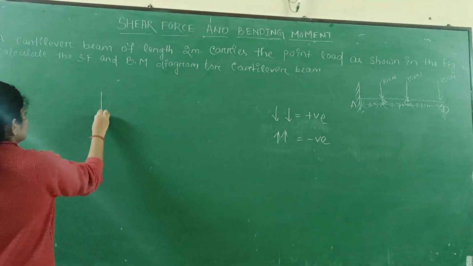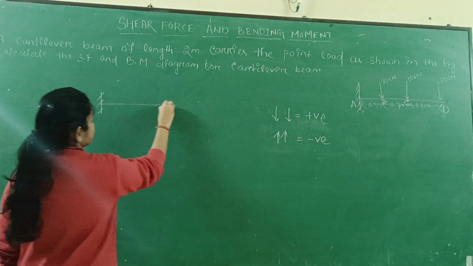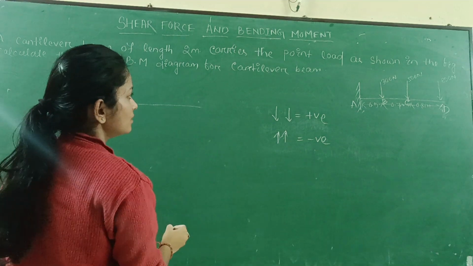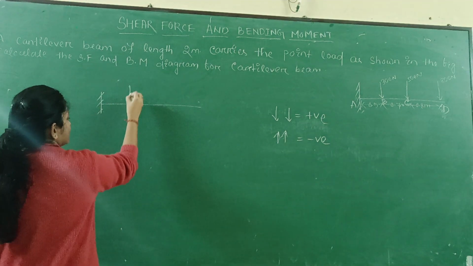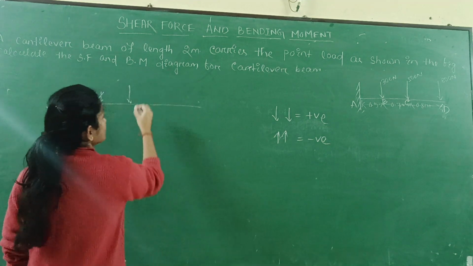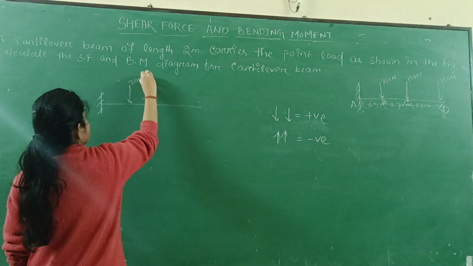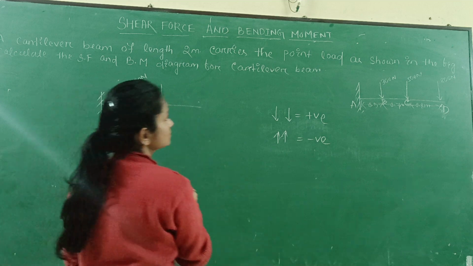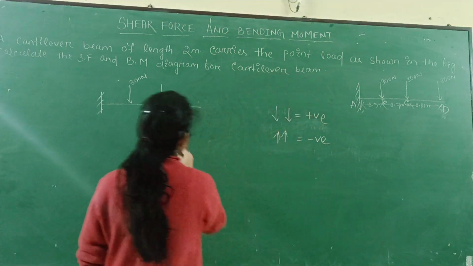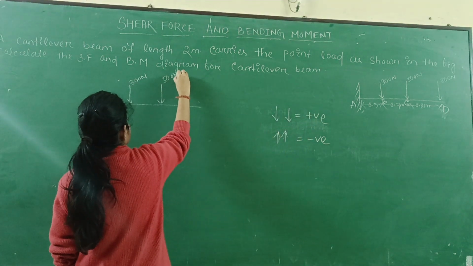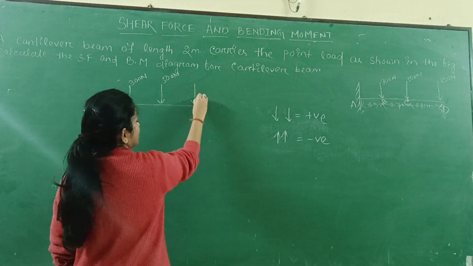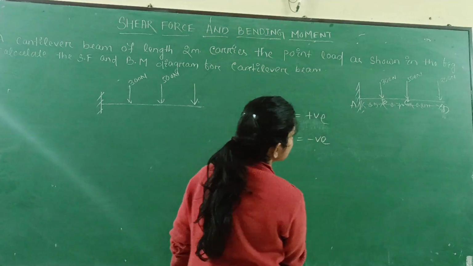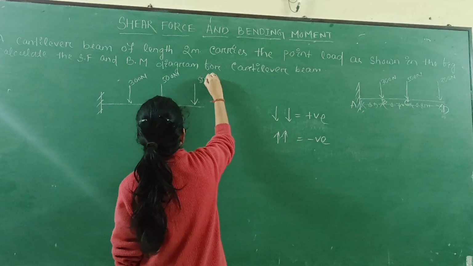First, we have to draw the cantilever beam and the point load acting on it. And the third one is 800.